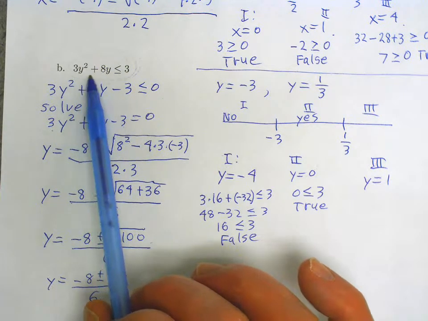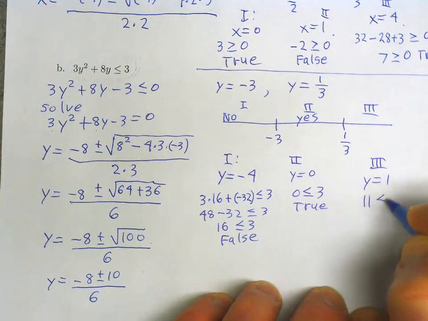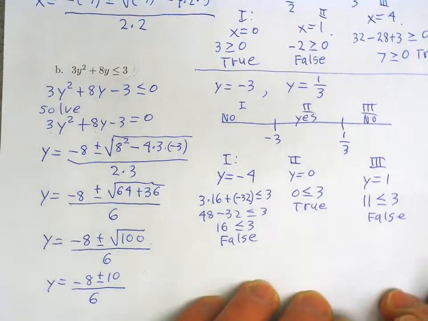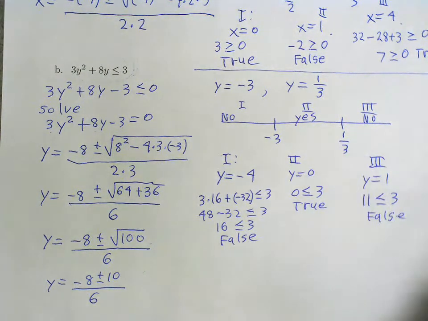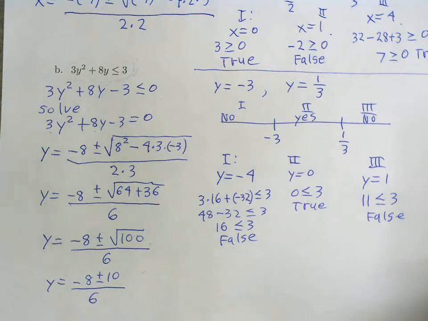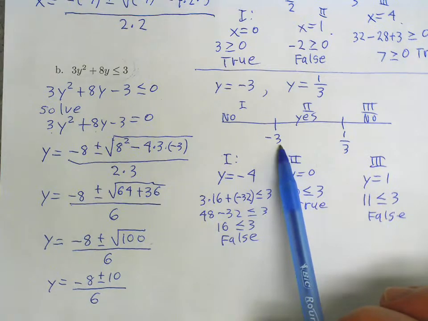So we have 3 plus 8, which is 11, and 11 less than or equal to 3 is false. So none of the numbers from 1/3 to infinity are solutions. Only the numbers between -3 and 1/3 are solutions, including the endpoints.